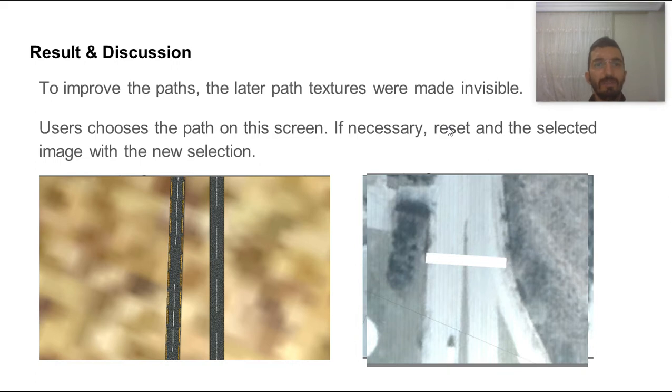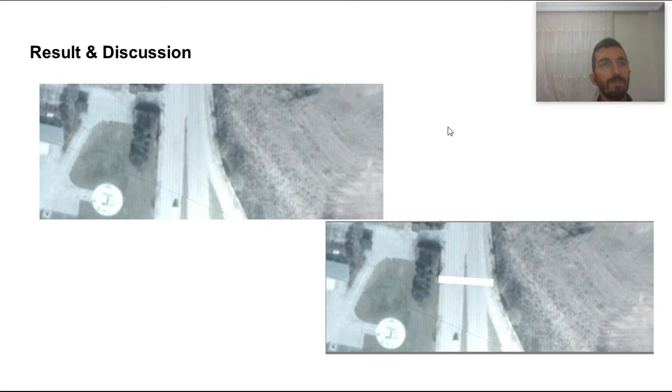The left figure is the invisible result. This figure shows non-selected road and selected road.